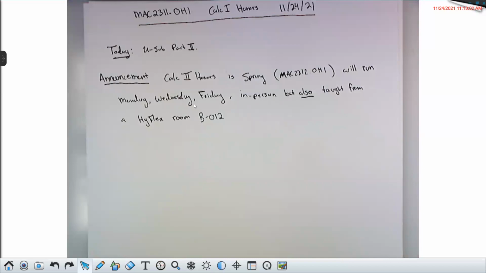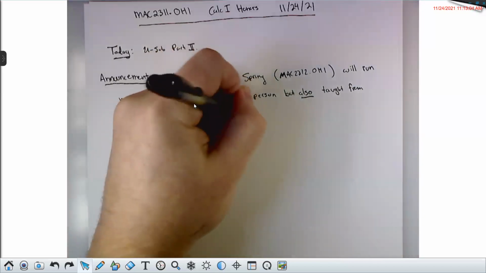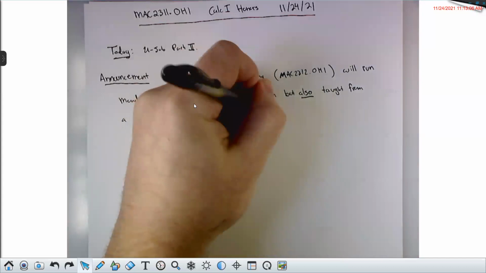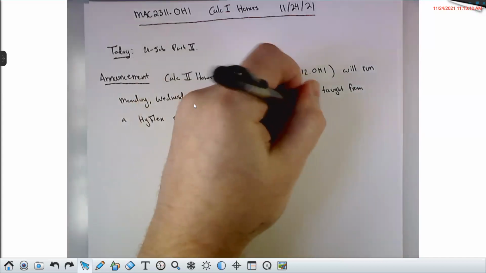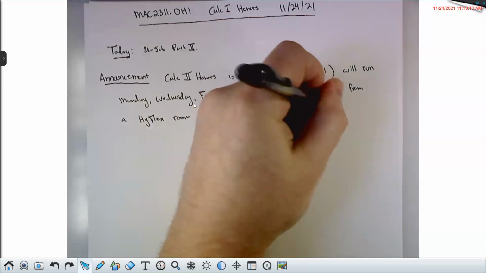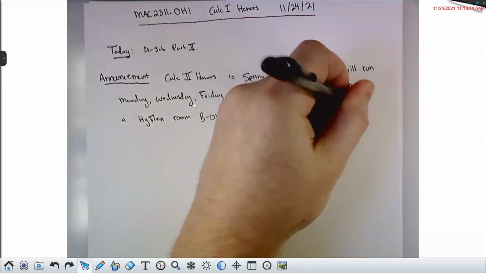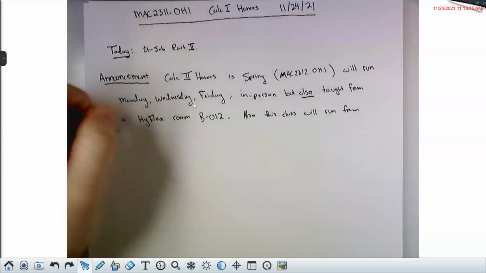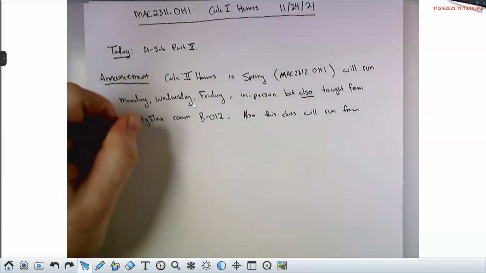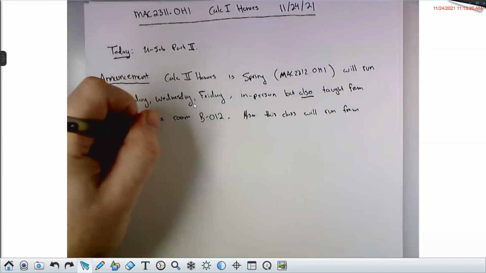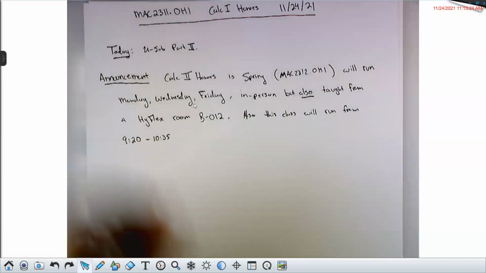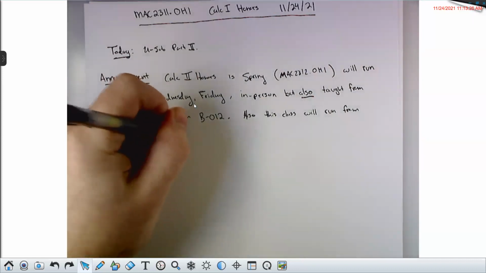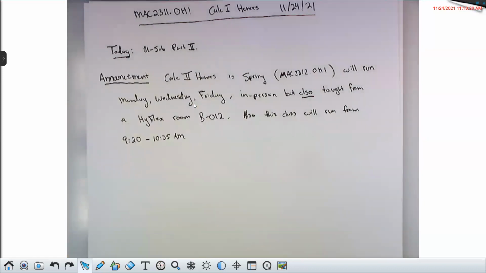The other change, the class will run from, it was originally 9:30 to 10:45, but it's been moved to 9:20 through 10:35, back 10 minutes a.m. This is because I have an 11 o'clock class.